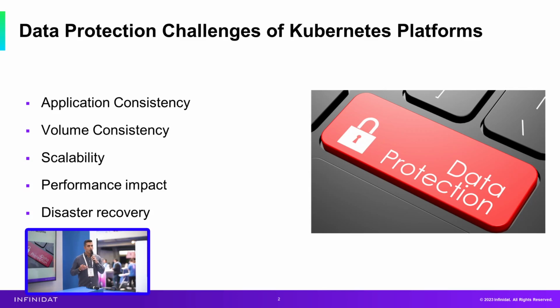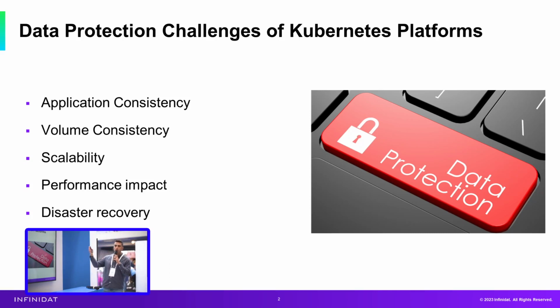Before I talk about what Infinidat and Kasten are, which maybe you know or don't know, let's talk a little about the data protection challenges of Kubernetes today. There are 5 pain points for customers working with containers and backing up applications.